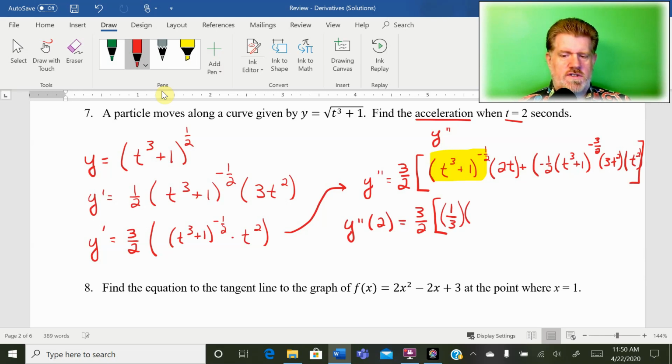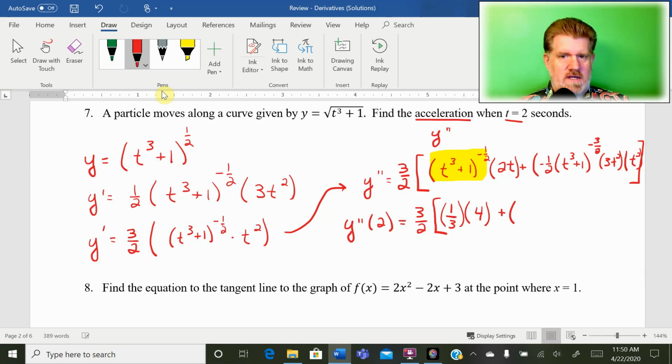Now I'm going to plug in 2 here. 2 times 2 is 4. Now this one, it's going to be a biggie. Follow along. 2 cubed is 8. 8 plus 1 is 9. 9 to the negative 3/2. So the square root of 9 is 3. 3 to the third is 27.